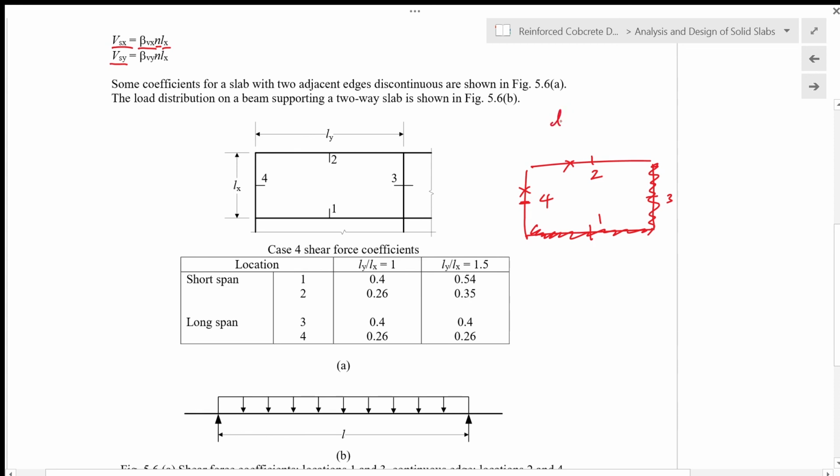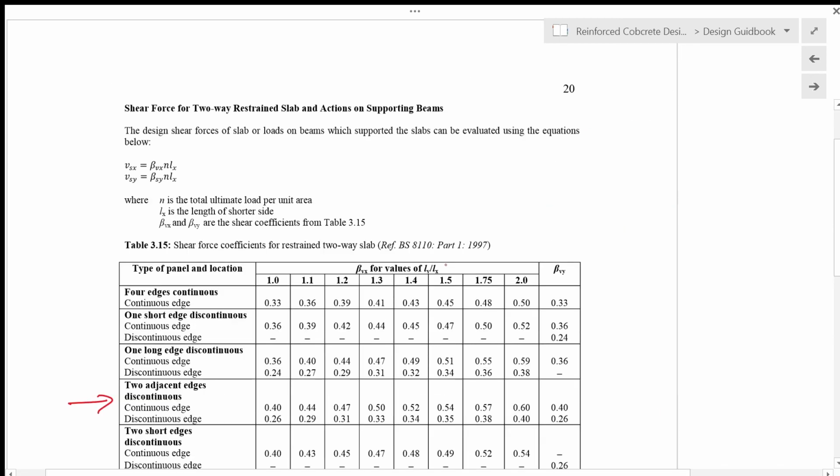And in this case, if we have Ly over Lx equals to 1.5, we look at this column here. Okay, so for the short span direction the continuous edge is 0.54 for the beta Vx value, and for the discontinuous edge the beta Vx value is 0.35. And then for the beta Vy value, which is for the long span direction, we have 0.4 for the continuous edge and 0.26 for the discontinuous edge.